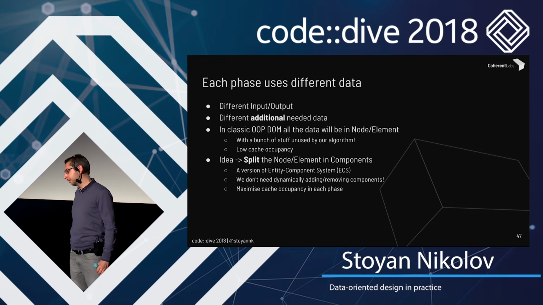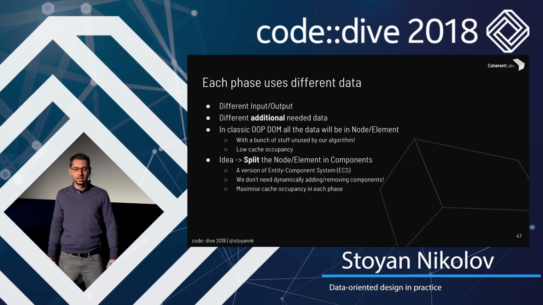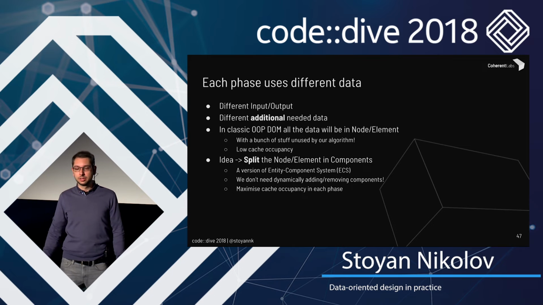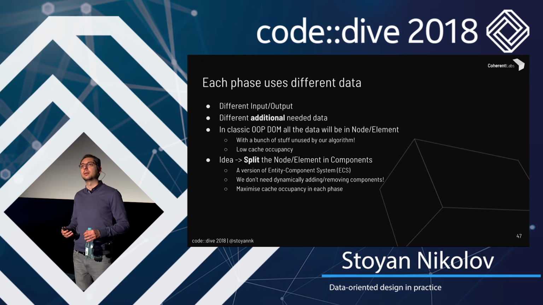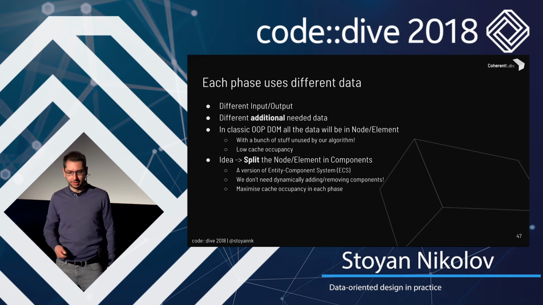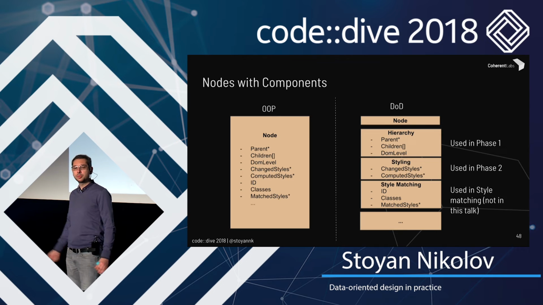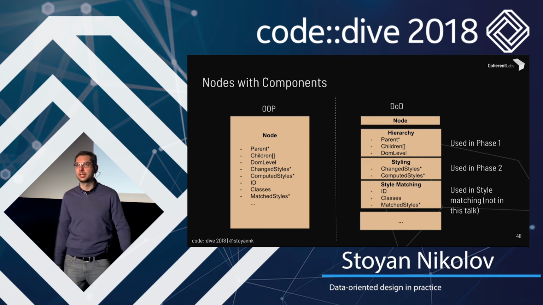So there's an idea. It's not new. It's used in games. It's the so-called entity component system. So we basically call our nodes or elements entities, and they are made up of a bunch of components, which is just data. And conceptually, this will look like this. In object-oriented programming, all the data that we need is in the node. We use it wherever needed.